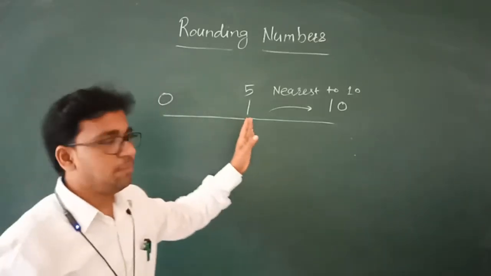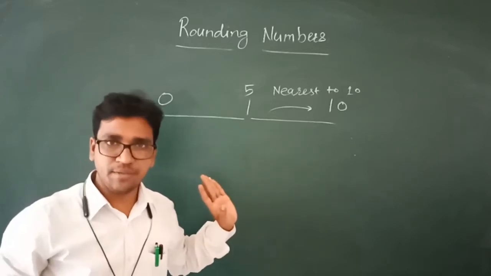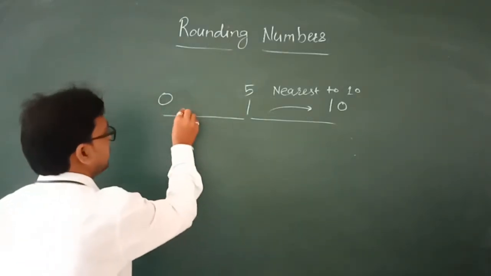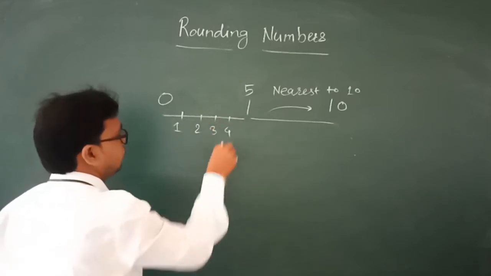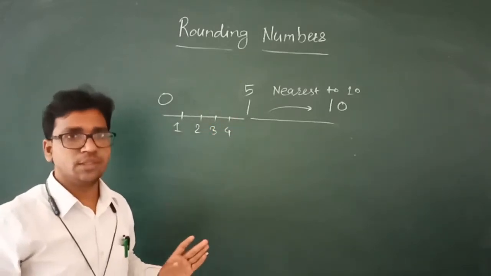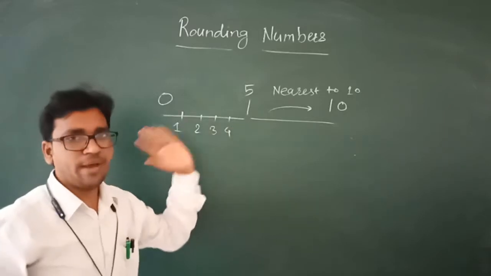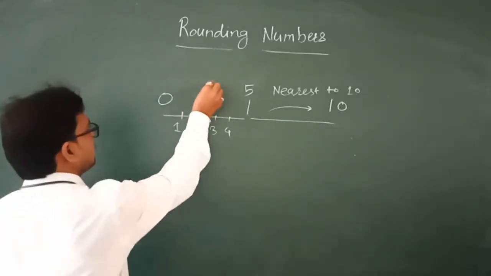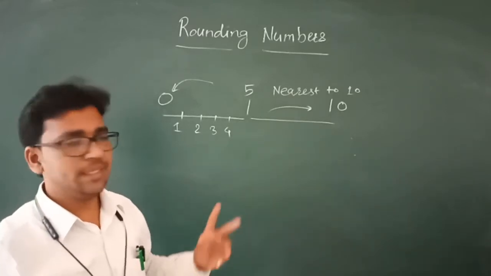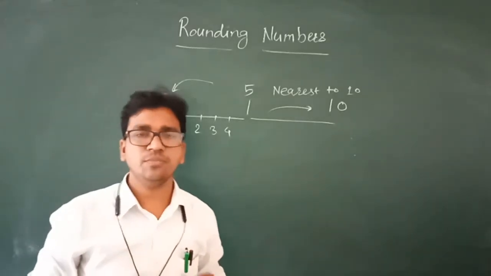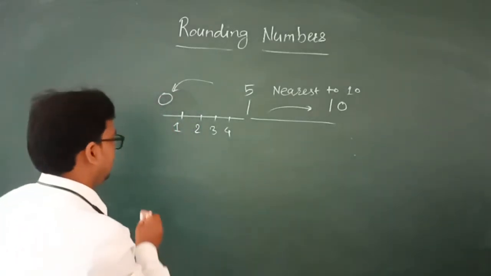And the numbers which are less than 5, that is 1, 2, 3, 4, are less than 5, so their nearest tens is 0. This is for one digit numbers.